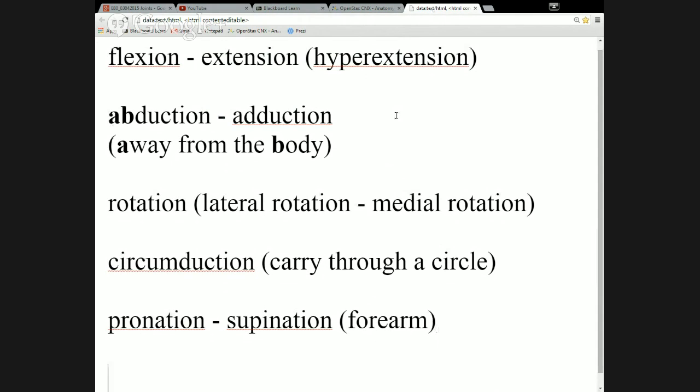Okay. First off, for the foot, we don't use flexion and extension exactly. Instead, there's plantar flexion and dorsiflexion. What this is describing is basically pointing your toes out like a dancer versus pointing your toes up towards the rest of your body.